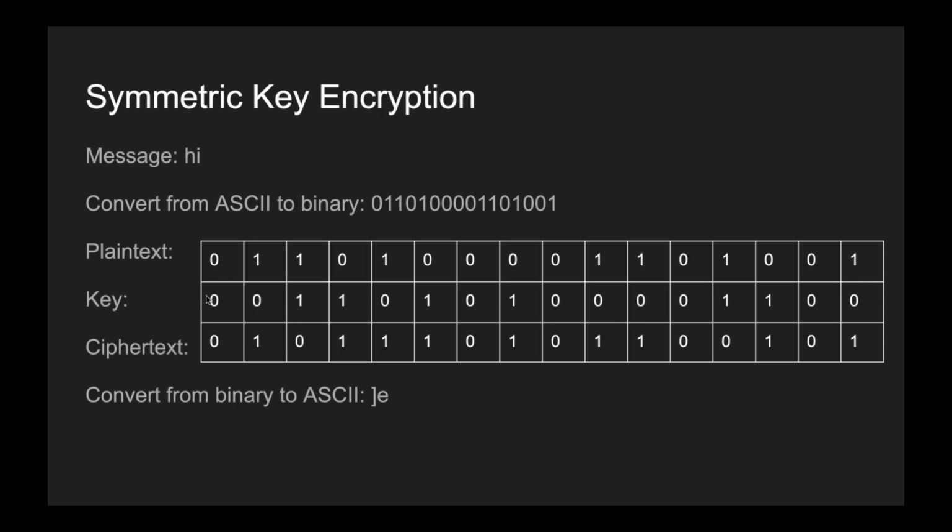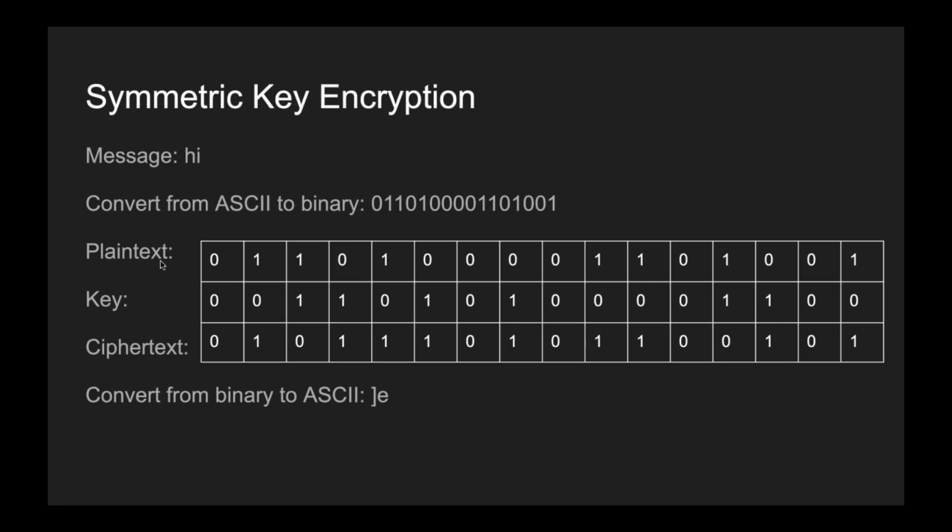Then if you take this key, which is our encryption and decryption key, 0, 0, 1, 1, 0, and so on, there's an operation you can do. It's basically just adding each of these columns together. It's called XOR. It's adding without carrying, is one way to think about it.